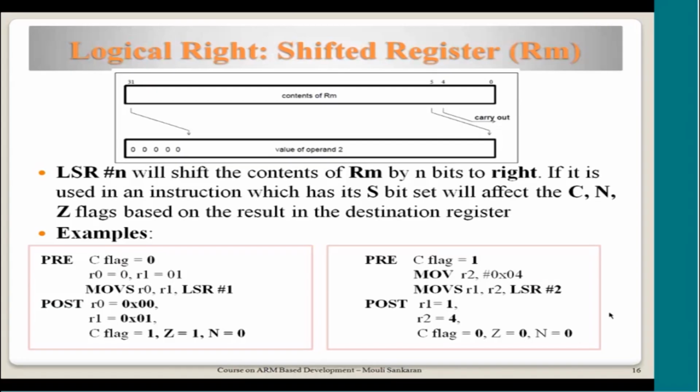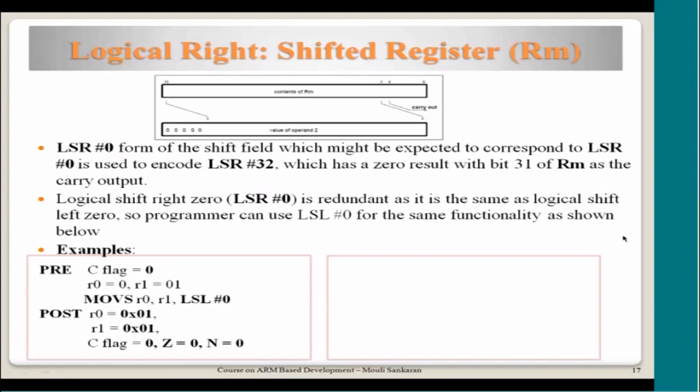Okay. I hope you now understand how to mention LSL or LSR in your code and how to perform it on the RM register that you have. Now let us see some special interpretation of LSR 0. Please remember, LSR 0 means what?